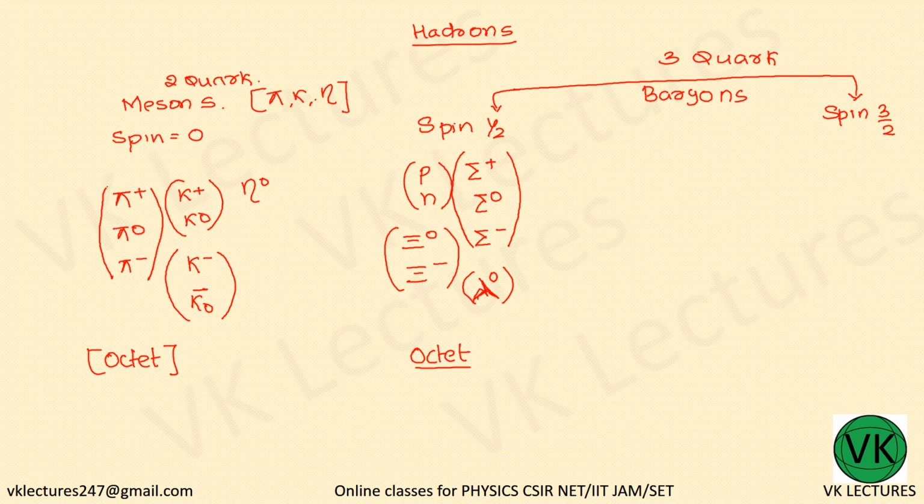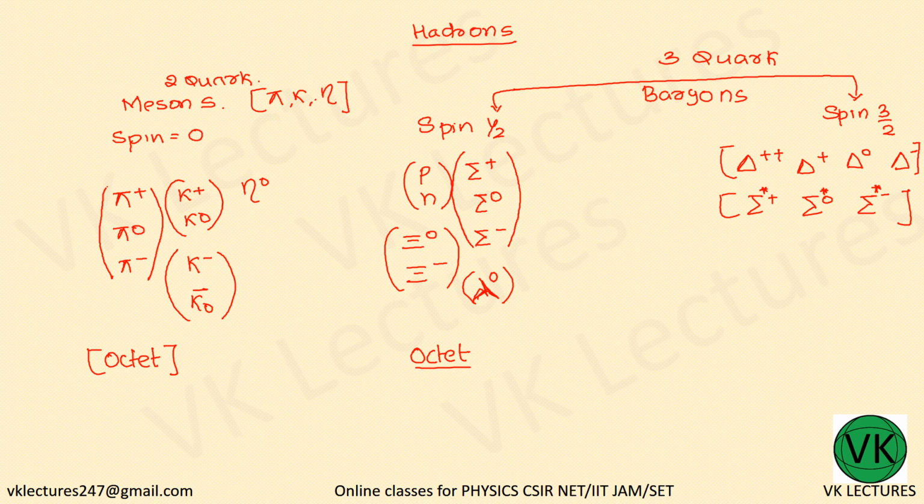Now spin 3/2. Now what are spin 3/2 particles? Now spin 3/2 particles are delta double plus, delta plus, delta naught and delta minus. This corresponds to the group 1. Okay, now second one is sigma plus star, sigma naught star and sigma minus star.